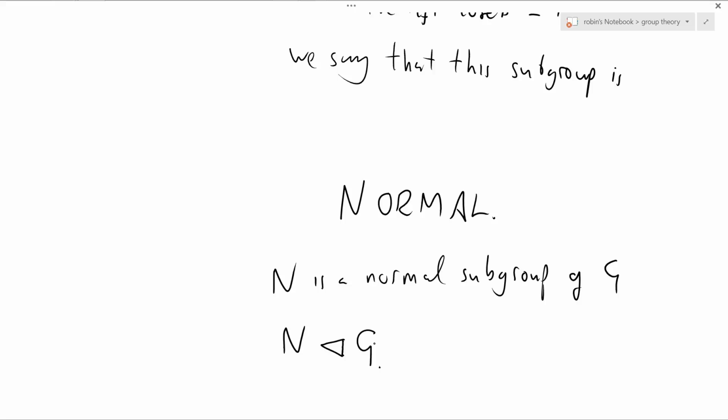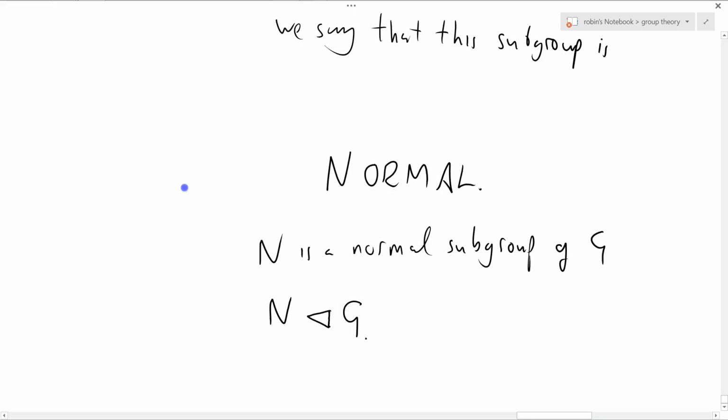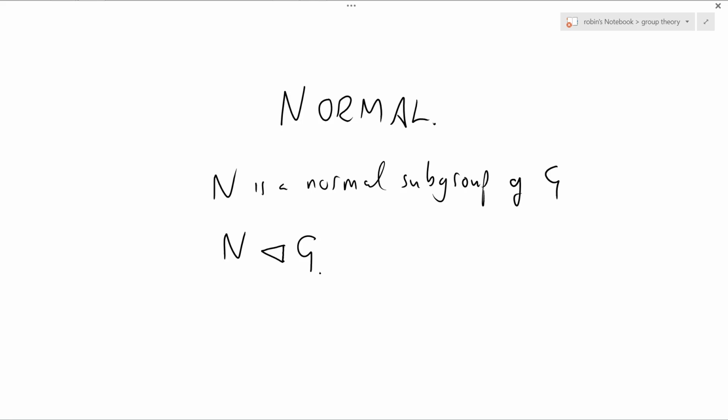We can use homomorphisms to understand group structure. We can use normal subgroups to get a much more clear and much more profound understanding of the structure of a complicated group. So I'm going to spend quite a long time talking about normal subgroups.